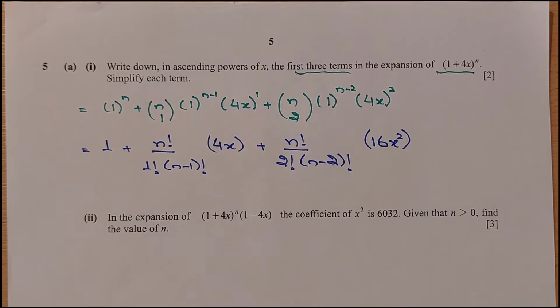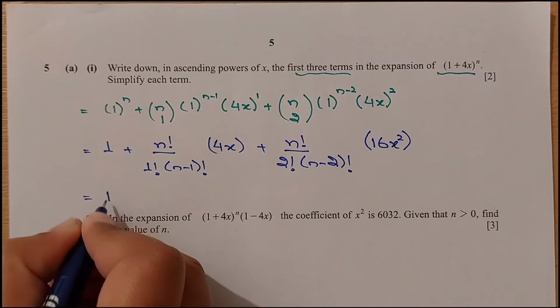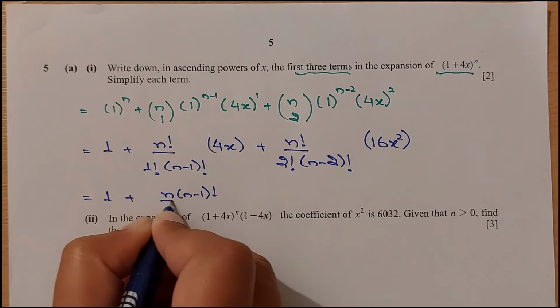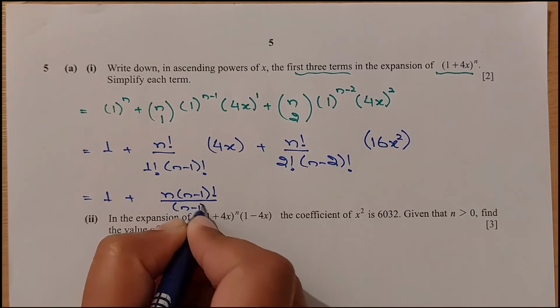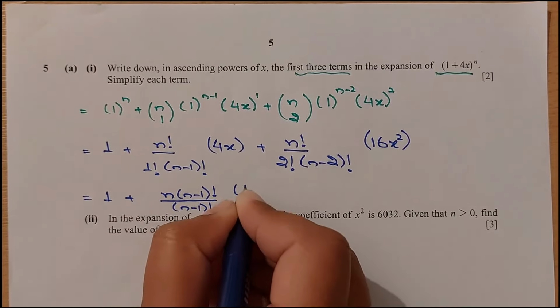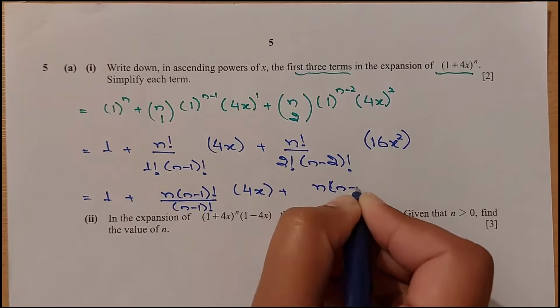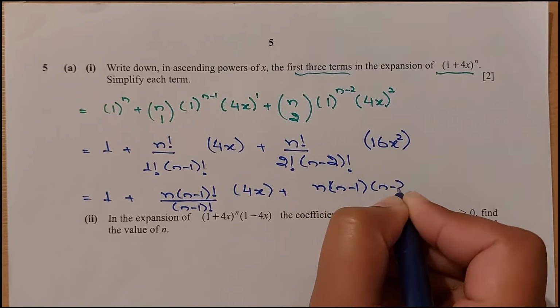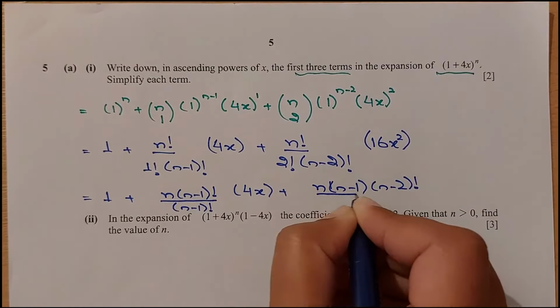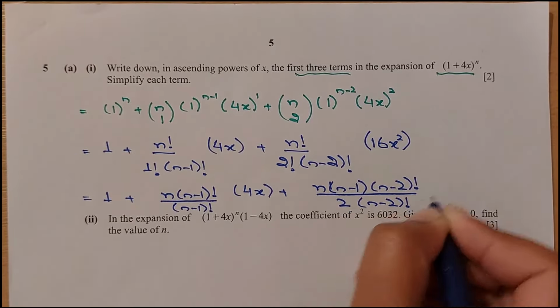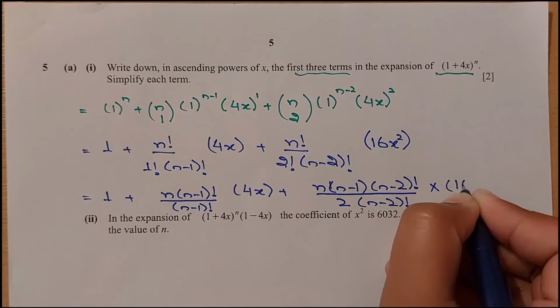Right. Let me simplify this further. So we have (1 plus n) into (n minus 1) factorial divides (n minus 1) factorial, into 4x plus n minus 1 and (n minus 2) factorial divides 2 times (n minus 2) factorial, and then times by 16x square.